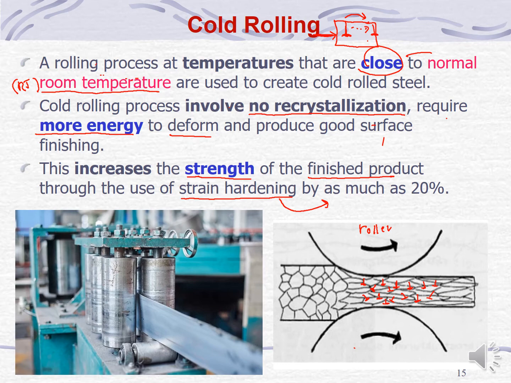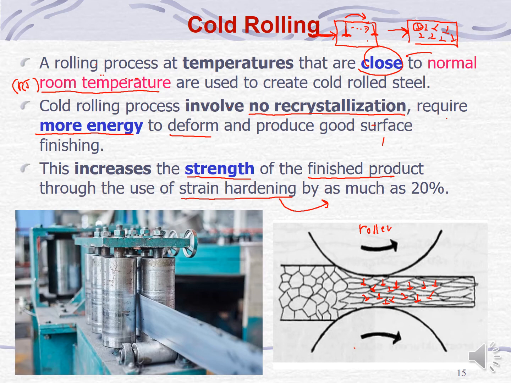So for a sample which has a high density of dislocation, when we apply a force onto the metal, in order to deform the metal, the dislocation needs to move from one place to another place.